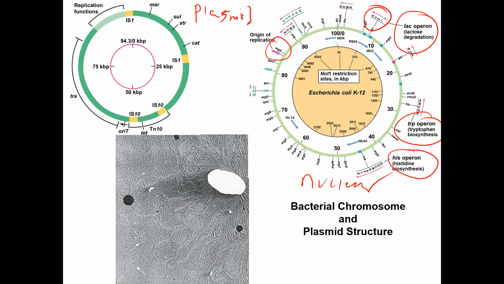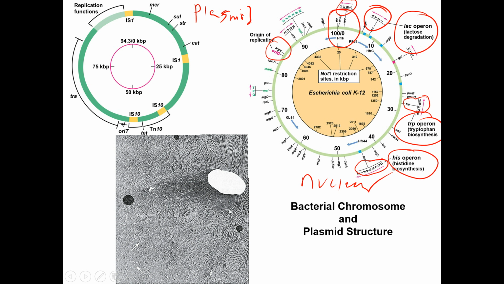For high frequency recombination, you have these genes that are organized together. For tryptophan biosynthesis, we have these genes that are organized together. For histidine biosynthesis, these genes are organized together.